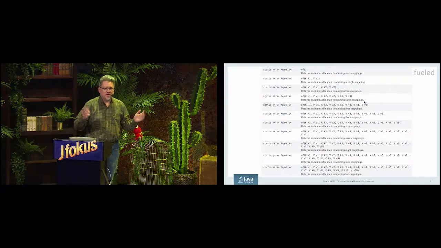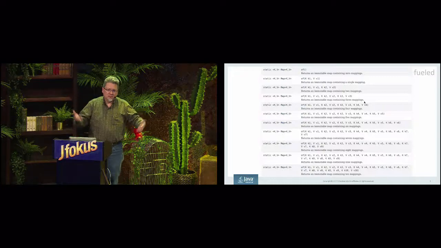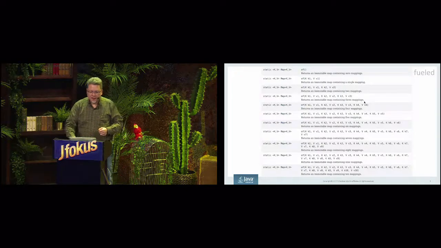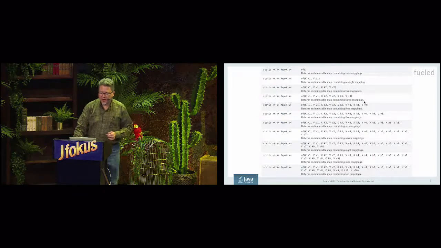You just don't see it. What happens is you call one of these methods, and the compiler will select the right method, and your code is very clean. So what it shows is that we're willing to put in a certain amount of messiness in the APIs in order to enhance performance and in order to make your code look better.